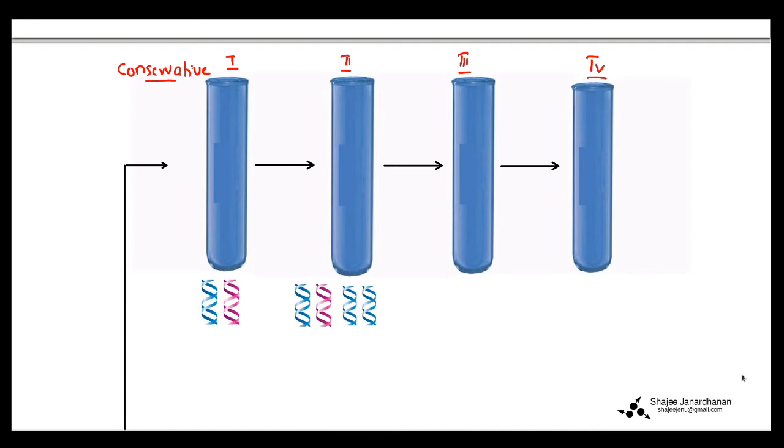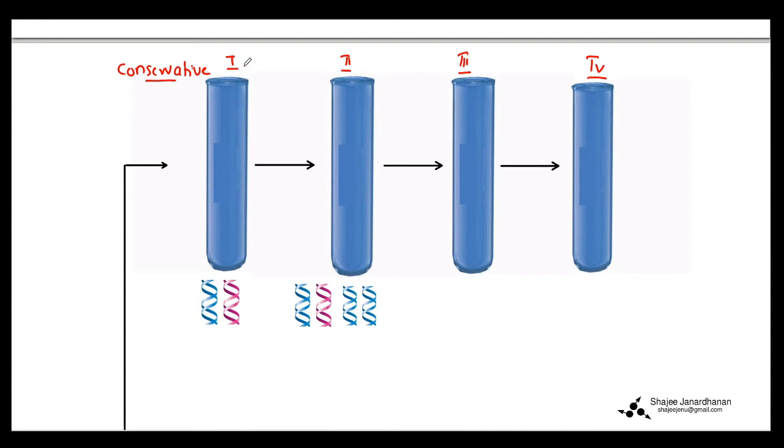Now let's first analyze if the mode of DNA replication was conservative. What will be the expected banding pattern in several generations? We already know that only the parental generation was grown in the N15 medium, then all the other generations were grown in N14.